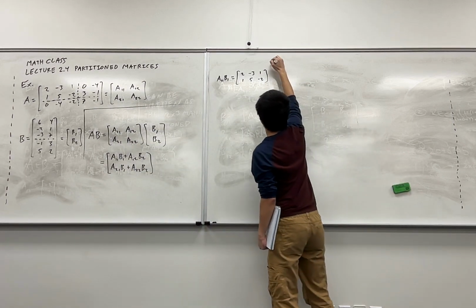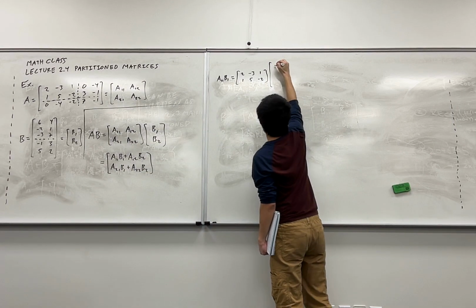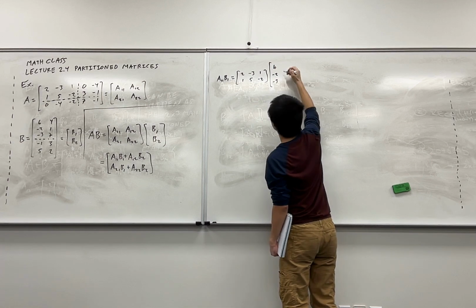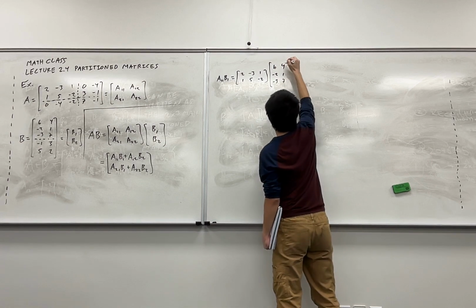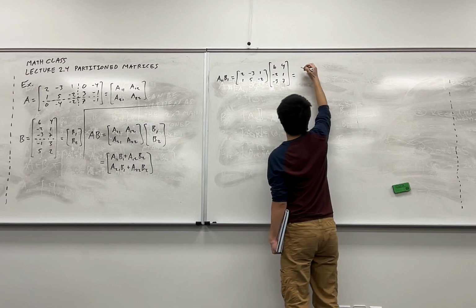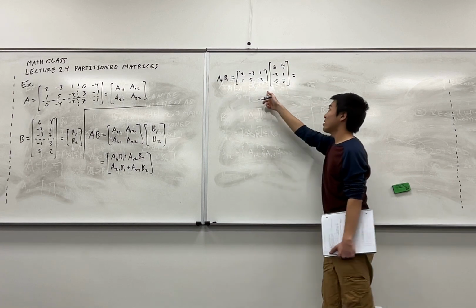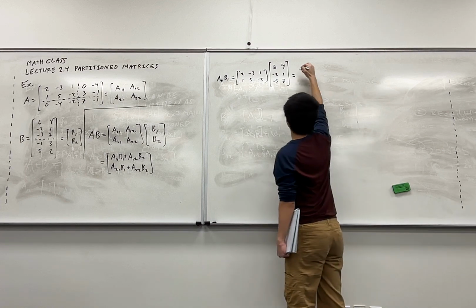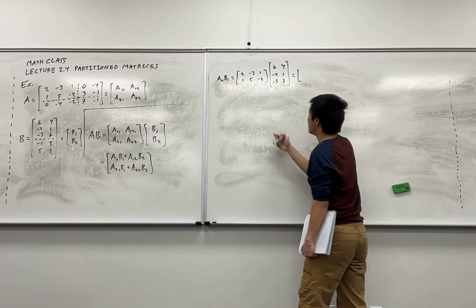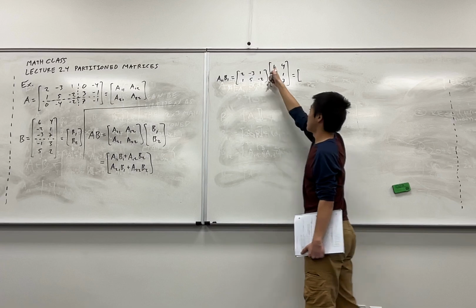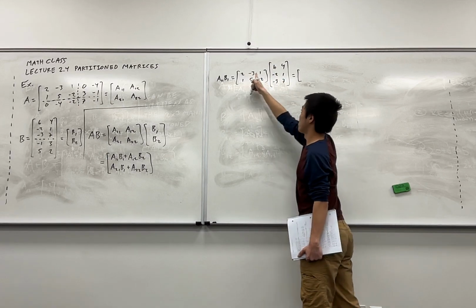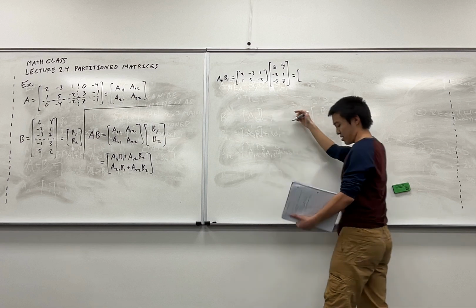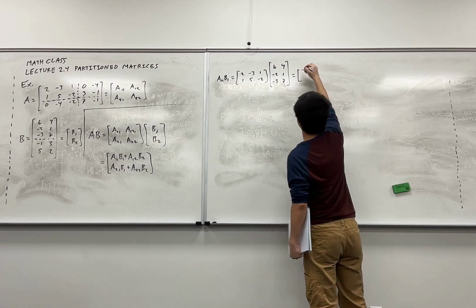Right, it's this piece, the 6, -2, -3, 4, 1, 7. Okay? So this is a 2 by 3 times a 3 by 2. So what's the output size? 2 by 2. Okay? So I do this dot product. 2 times 6 is 12, and then the 1 times -2 is... minus 3 times minus 2 is plus 6, and then minus 3. So we get 15.